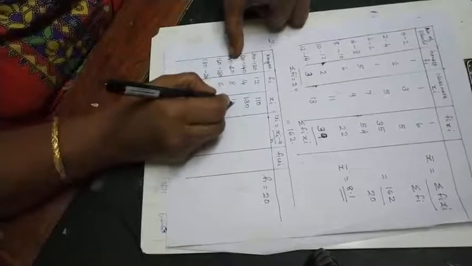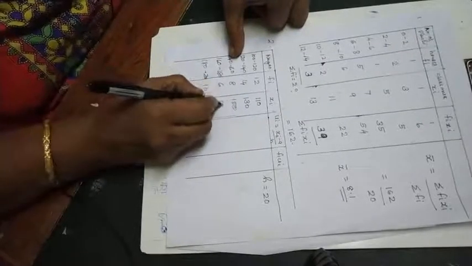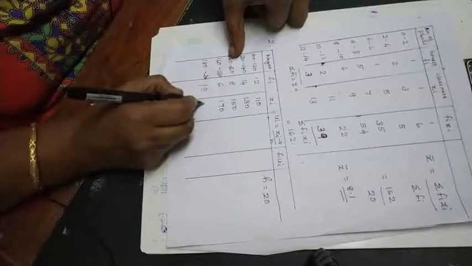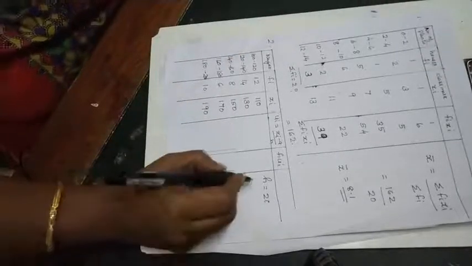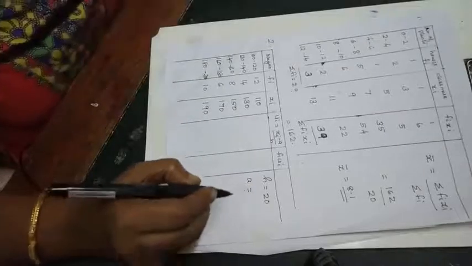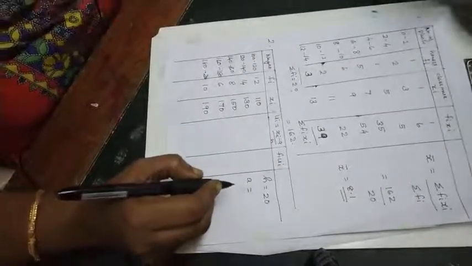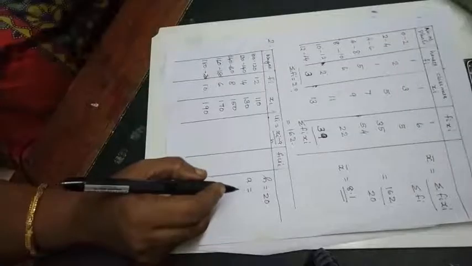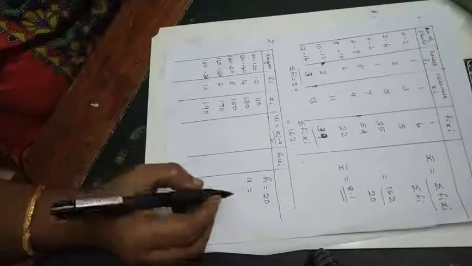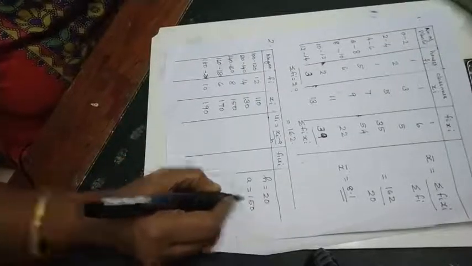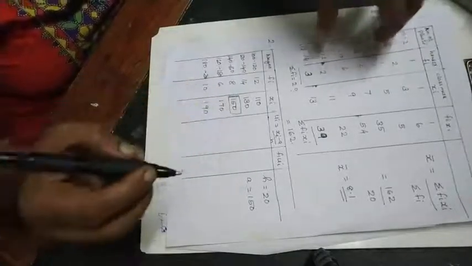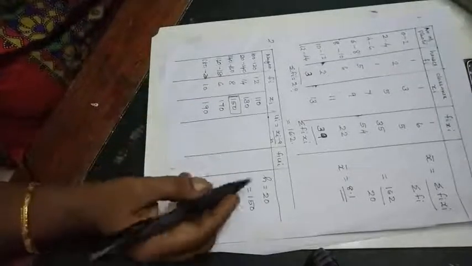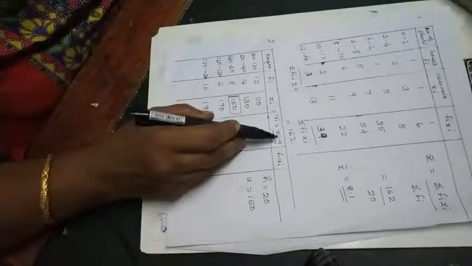Now here 150 will come, 170 and 190. Now one of them, A, you have to take. A means assumed mean. Assumed mean we are taking as 150, the middlemost one, that we are taking as A.